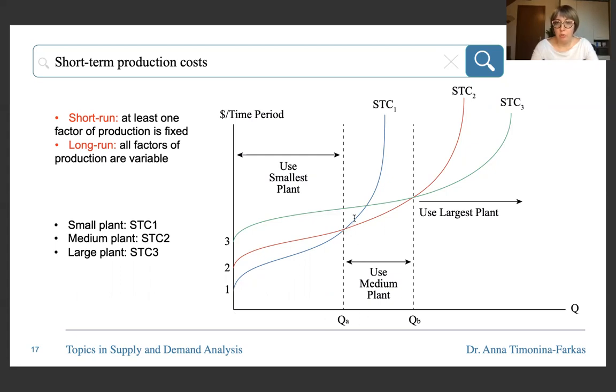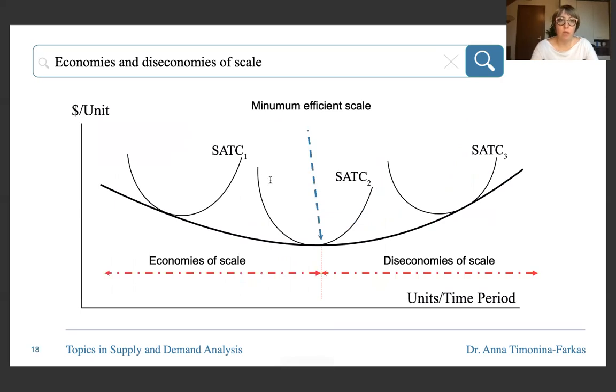Between QA and QB, you need to use plant 2, and in case you are beyond quantity QB, you need to use the largest plant. So this is an envelope curve which can be drawn from these three curves, and this is how your operations look over time.